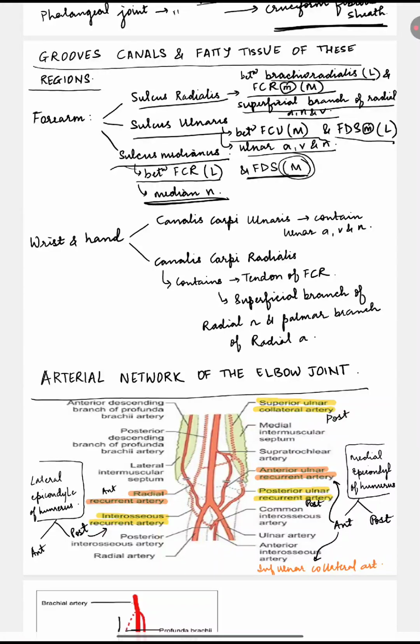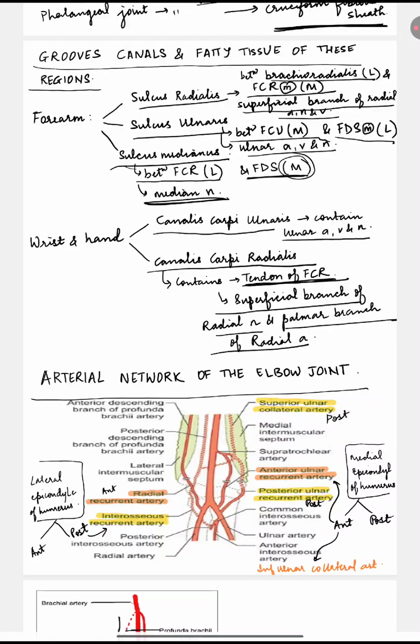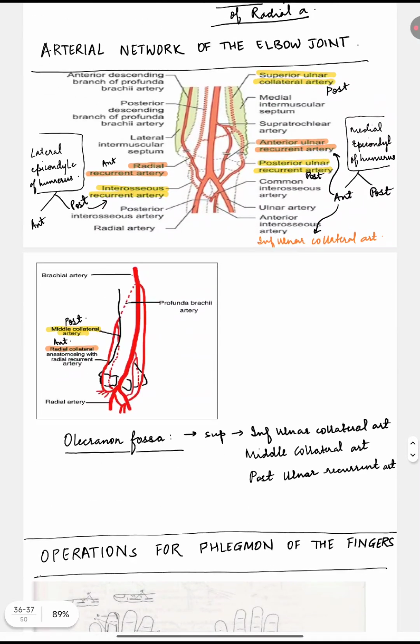In wrist and hand there is canalis carpi ulnaris, which contains ulnar artery, vein and nerve. Canalis carpi radialis, it contains tendon of flexor carpi radialis, superficial branch of the radial nerve and palmar branch of radial artery.